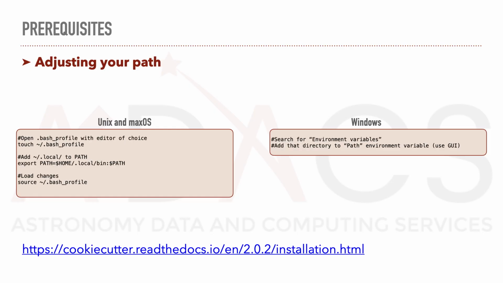Then you add your local to path. In the example, export PATH=$HOME/.local/bin:$PATH. And then really importantly, after you've done this, you saved your file, you closed it, you need to load those changes again for them to take effect.